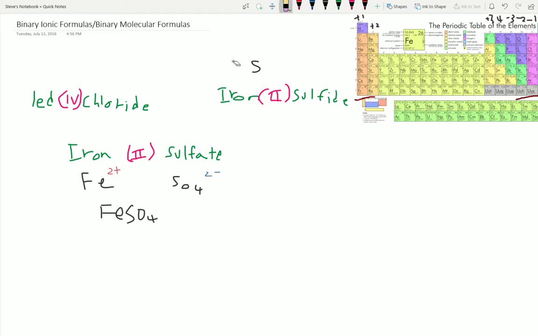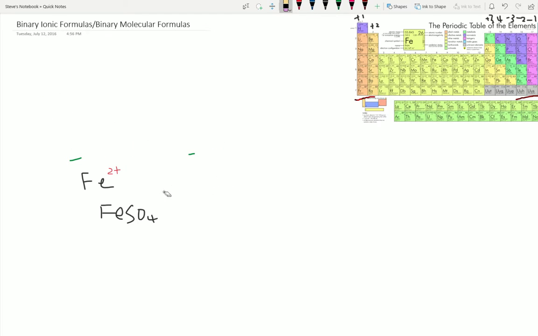Now next we will learn how to write and name binary molecular formulas, also known as binary covalent formulas. There are, of course, a few rules to go along with this. Rule 1 is you have to know the prefixes for the numbers 1 through 10.